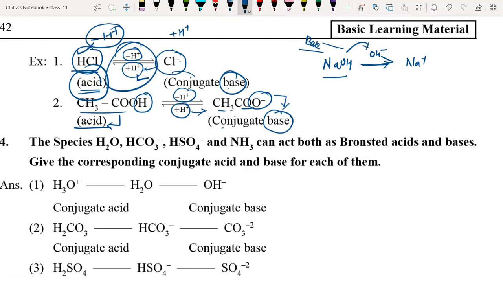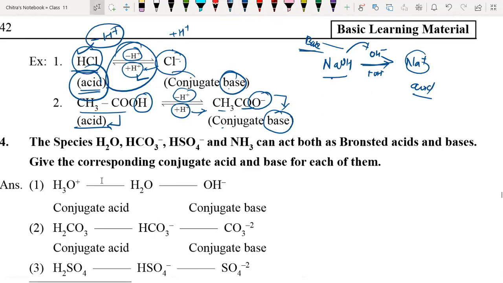In reverse, the Na positive ion will accept OH negative ion to form NaOH back, so it is acting as the acid. So here you can say it is a base and acid conjugate pair. Yes, sir. So this is all about the conjugate acid base pair.